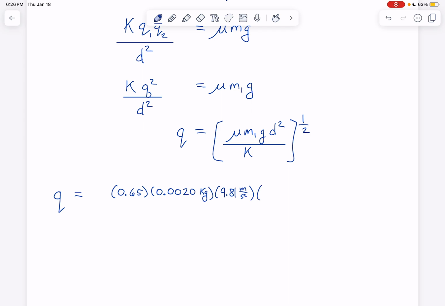And the distance apart was 6 centimeters, so 0.06 meters. That's squared.